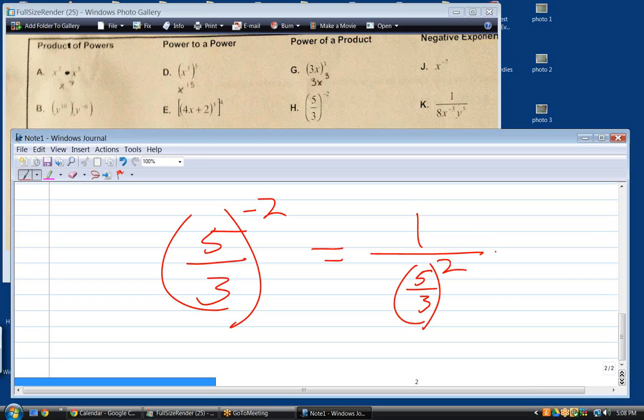Okay, now let's simplify that. In this case, we can simplify it because it's easy enough to do. What's 5/3 squared? Square the numerator, square the denominator. 25 over 9. And now simplify that. How do I simplify that, where I have a fraction in the denominator?